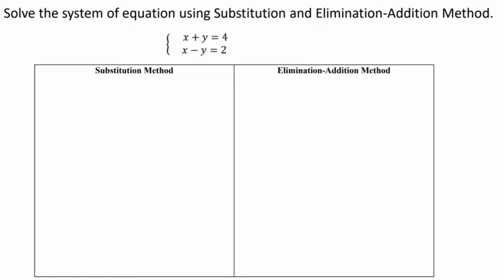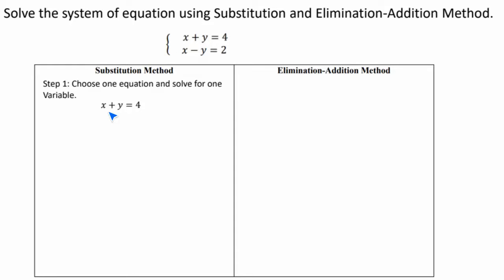So let's look at our two methods here. I'm going to work them out next to each other so we can see the difference. The first one is the substitution method. To do the substitution method, the first thing you want to do is choose an equation and solve for a variable.